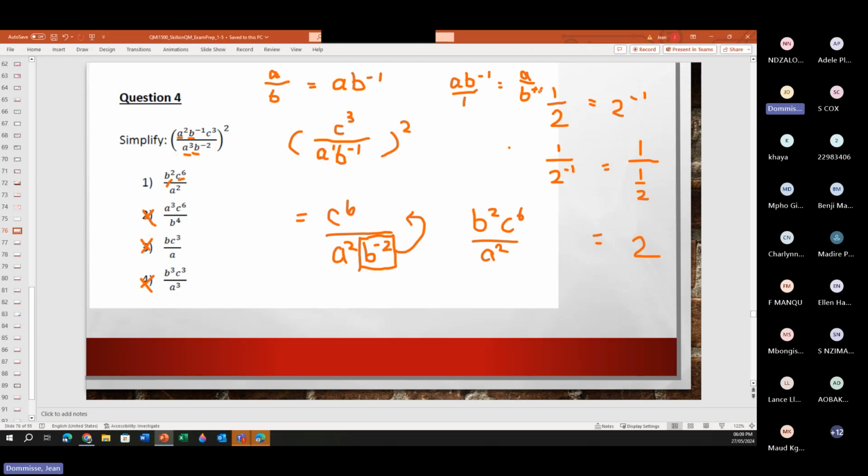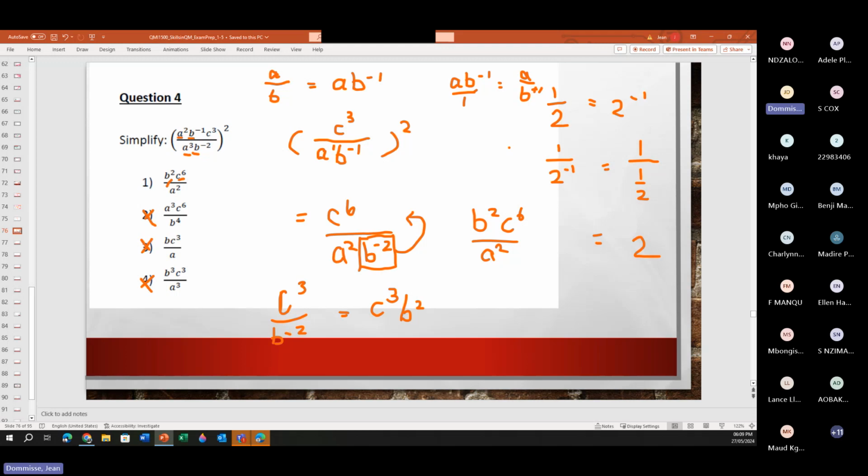What I normally do, and if there wasn't a 2, what I would have done automatically is, if I had that c to the power of 3, b to the power of minus 2, and there wasn't anything there, I would have automatically rewritten it and brought that to the top to say b to the power of 2. Okay, because when it goes to the top, it changes the sign.